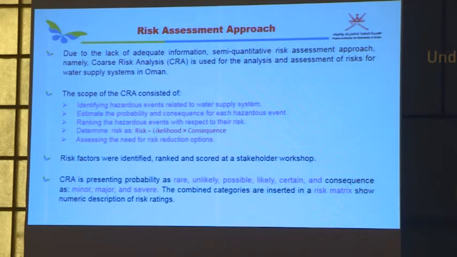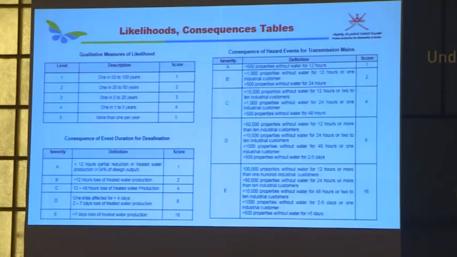CRA presents probability as rare, unlikely, possible, likely, and certain, and consequence as major, minor, and severity. The combined categories are inserted in a risk matrix, which shows a numeric description of risk ratings, which I am going to present now.